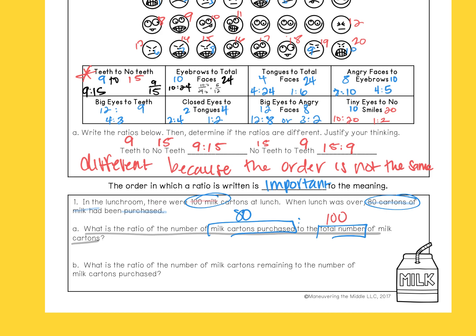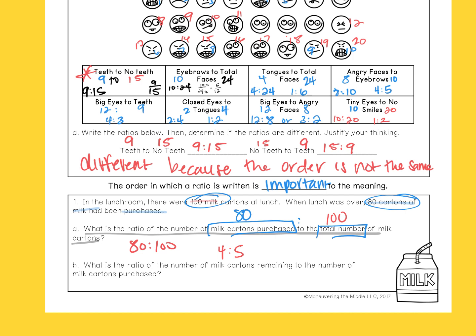So our ratio is 80 to 100. And if I simplify that, I can divide both of those numbers by 20. 80 divided by 20 will be 4, and 100 divided by 20 will be 5. So our ratio is 4 to 5.